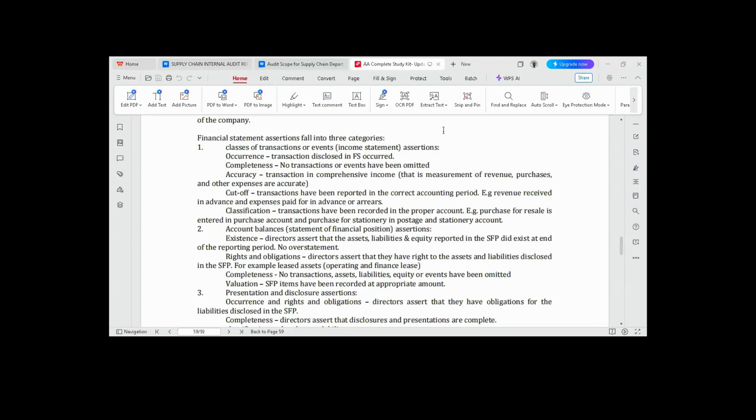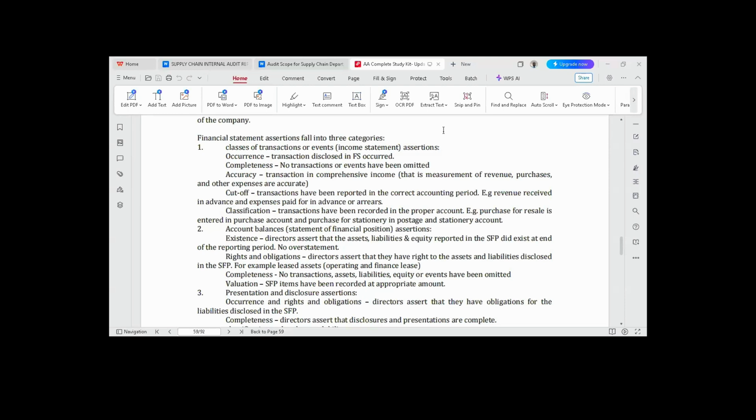Another thing the auditor will be testing is rights and obligations. Two things the auditor will test. When you talk about rights, right is to assets, while obligations is to liabilities. What is an asset?